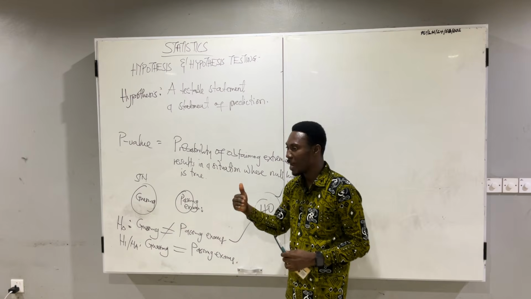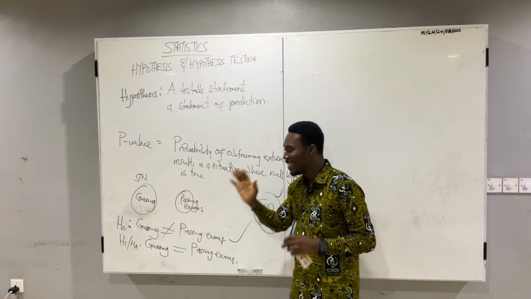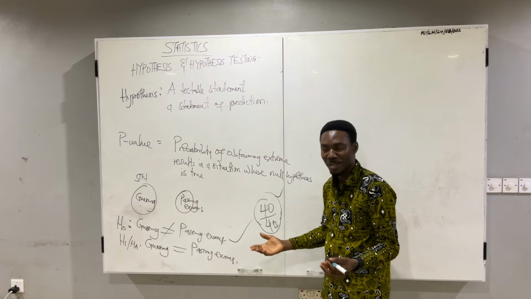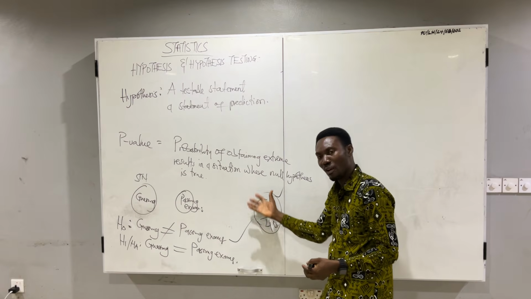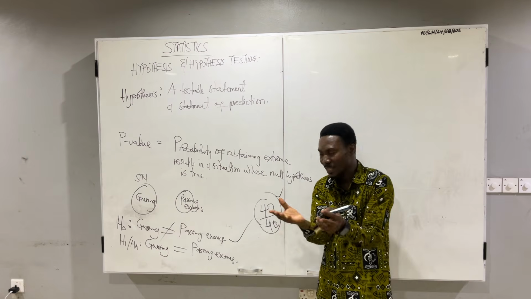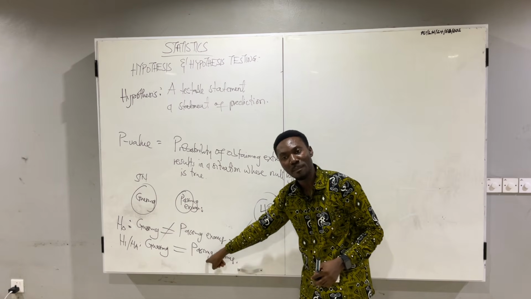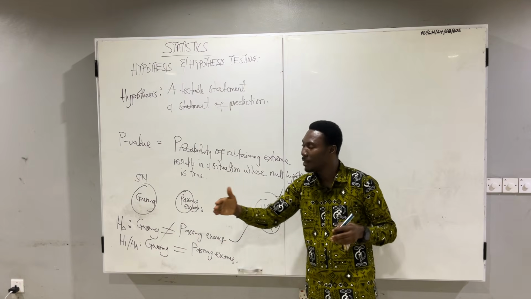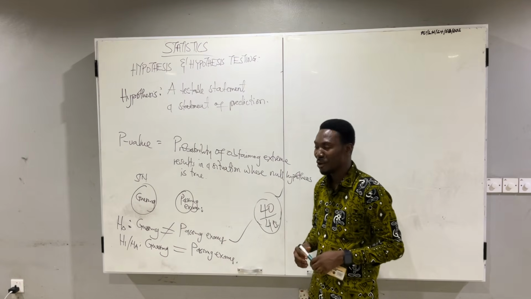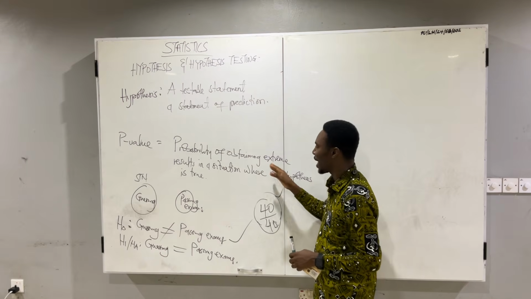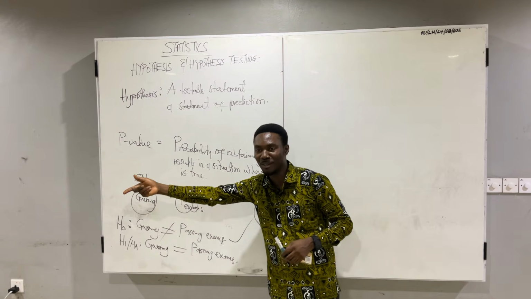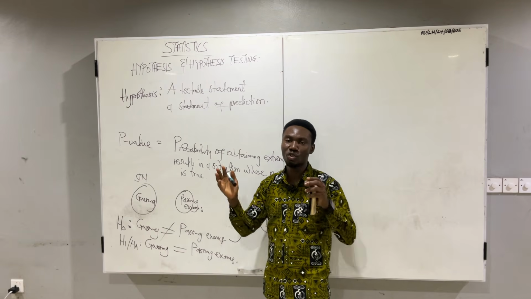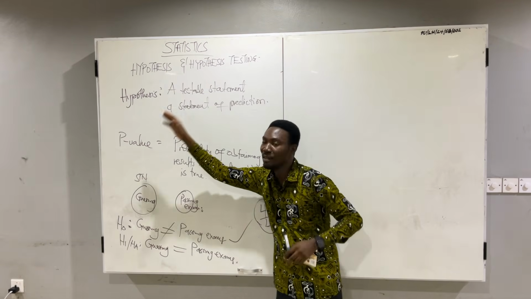So in a situation where you obtain an extreme result, where we can clearly tell that the null hypothesis is true, meaning someone has gotten a result which is more like evidence that supports the alternative hypothesis in a situation where the null is true, that kind of probability is what we call the p-value. So the p-value is the situation where you obtain an extreme result in support of the alternative when we can actually tell that the null hypothesis is true. That is when we say p-value.